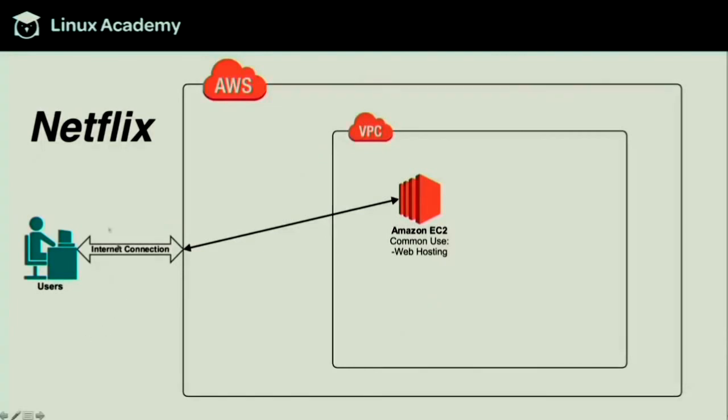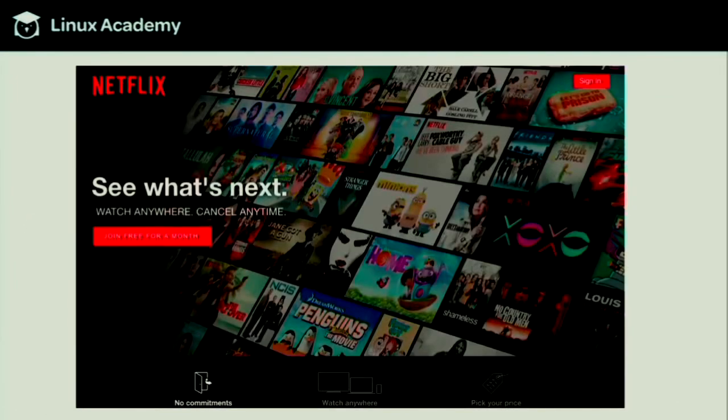So when you go to www.netflix.com as a user, so you're here, you have an internet connection, you go to www.netflix.com, you are in essence connecting to an Amazon EC2 instance, which is currently serving as a web hosting server, and that EC2 instance contains all the files and the code to give you this page.